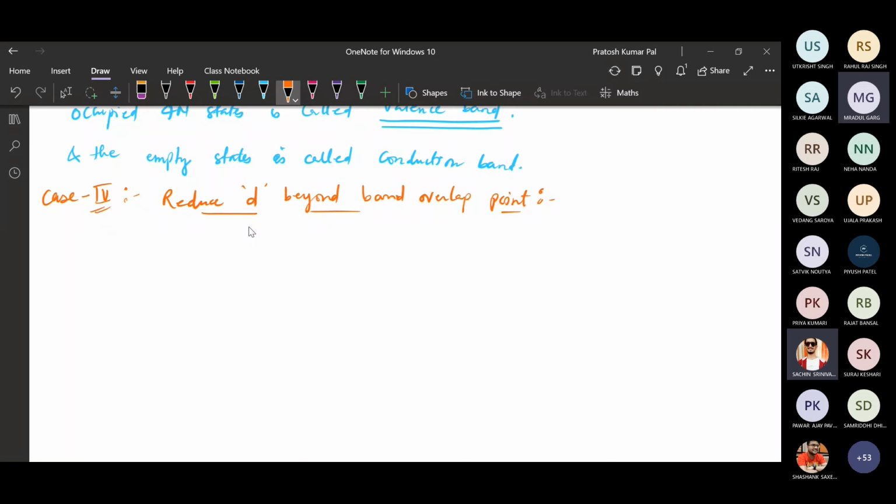So we are going to further reduce the distance beyond the point at which the energy bands have overlapped.